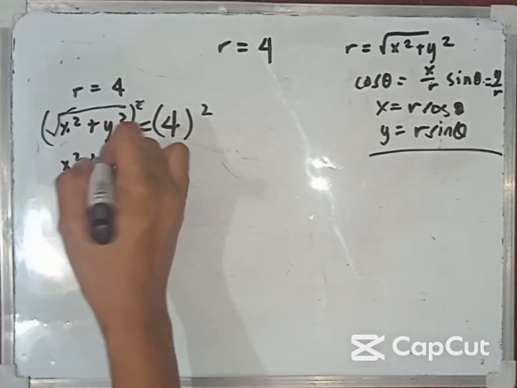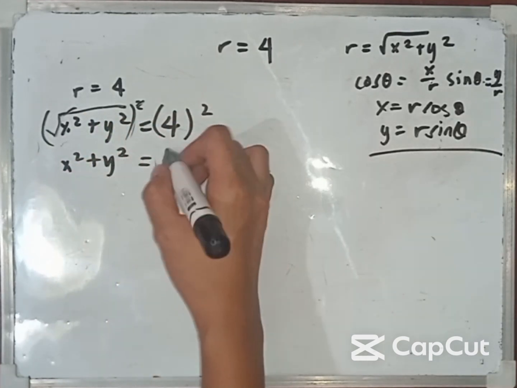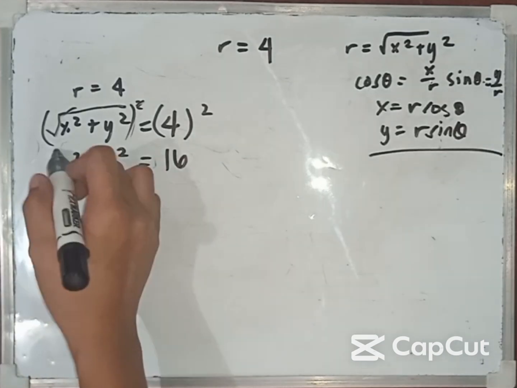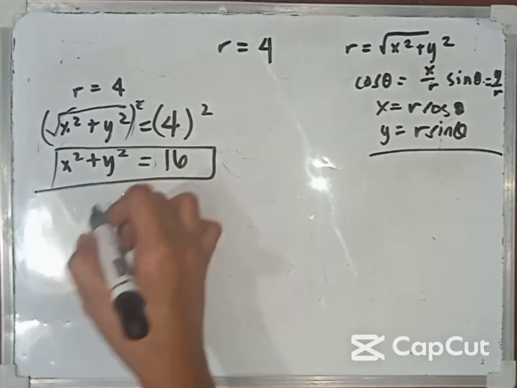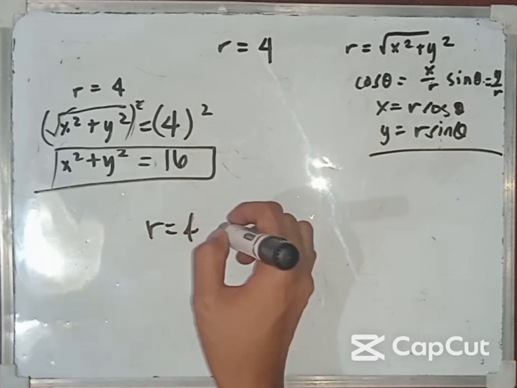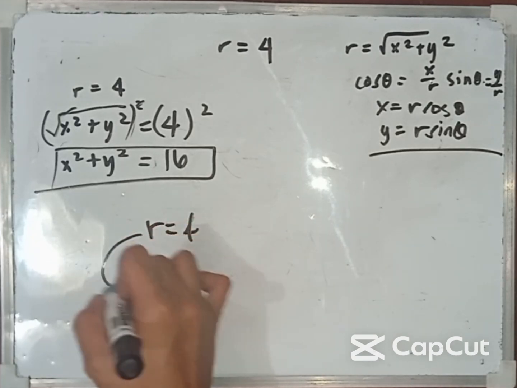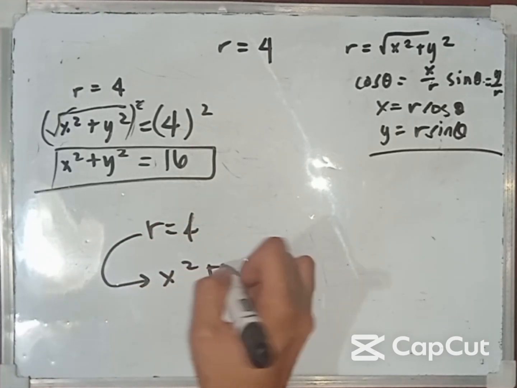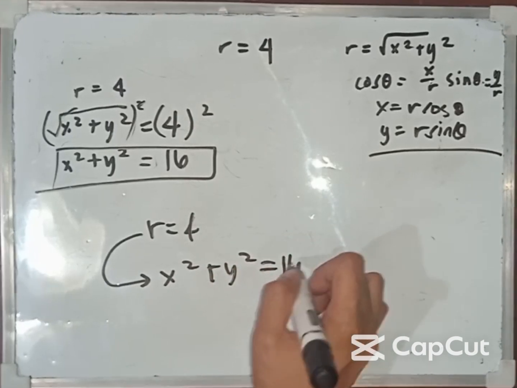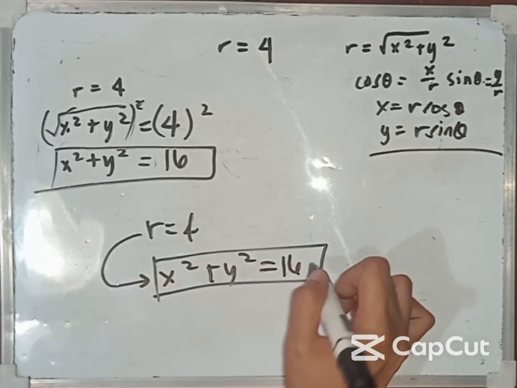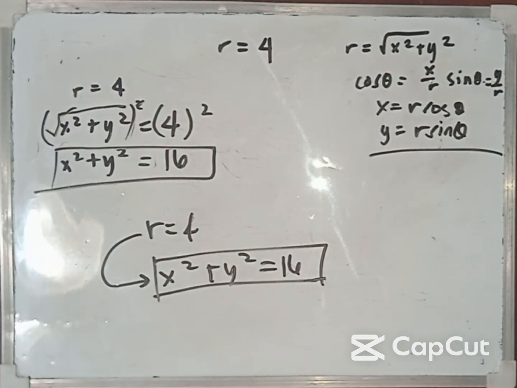So this would cancel the square root, giving us x squared plus y squared is equal to 4 times 4, that is 16. So that would be our final answer. The polar equation r is equal to 4 would now be x squared plus y squared is equal to 16 in rectangular form. I think that's it.